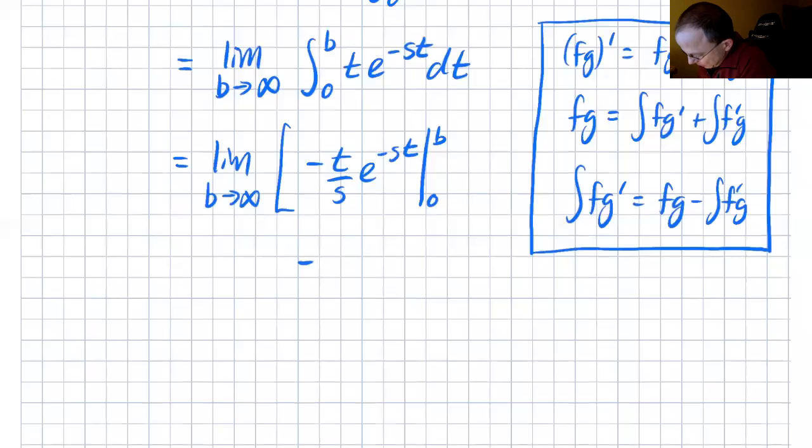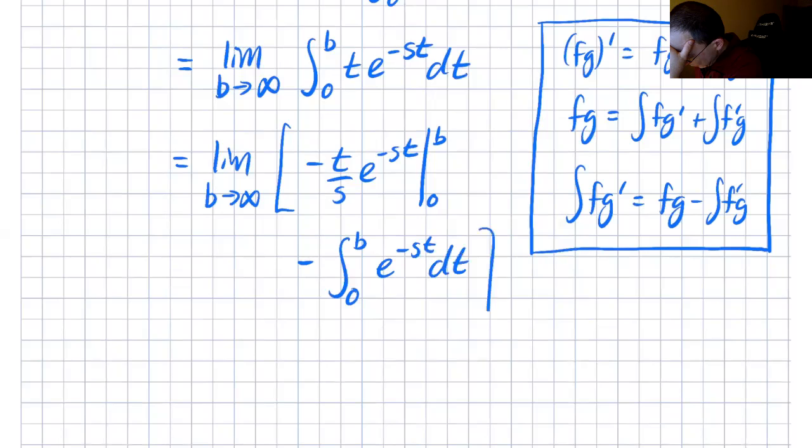And then we have minus the integral from 0 to b, and now we take the derivative of f, which is 1, and we have g.